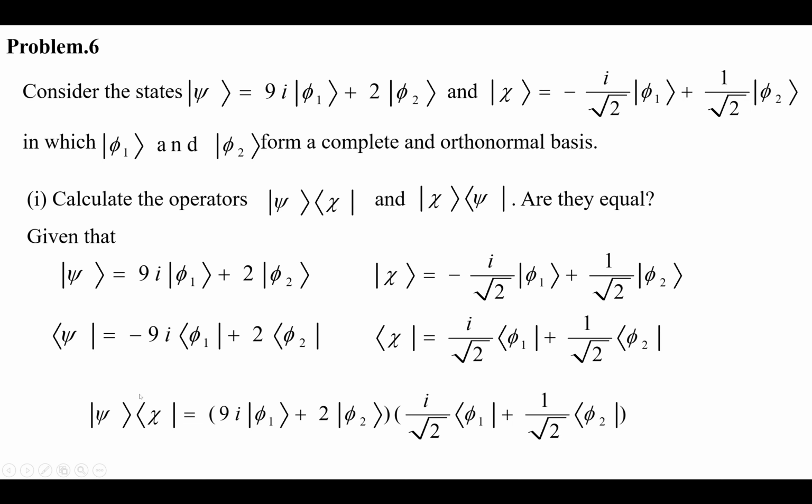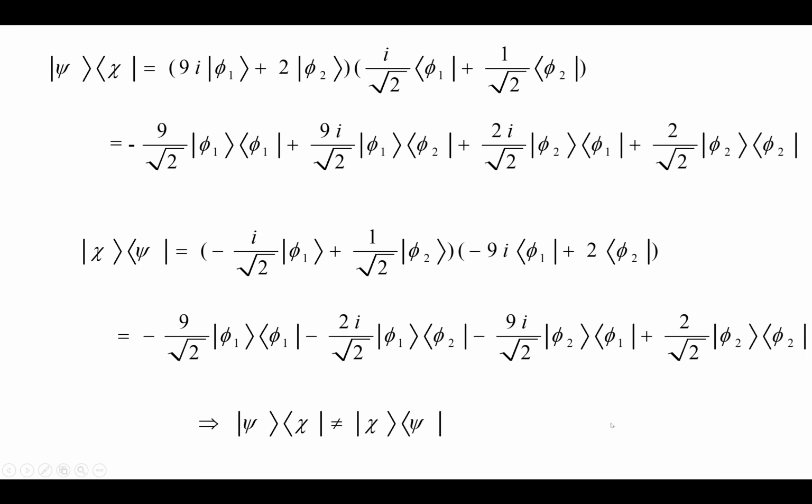So first we will calculate this, that is ket psi and bra chi. Ket psi has been given as 9i phi 1 plus 2 phi 2 multiplied by your bra chi, which will be i by root 2 phi 1 plus 1 by root 2 phi 2. So we are going to multiply now. There are 2 terms on this side and 2 terms in the bracket.